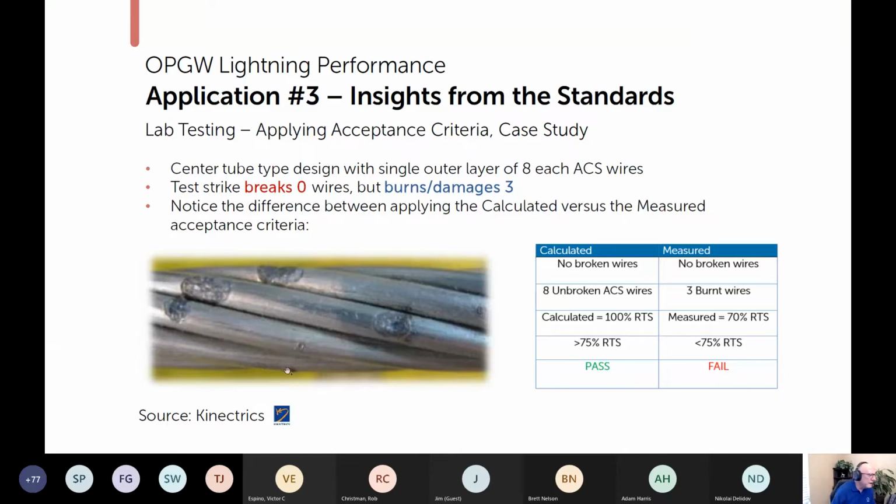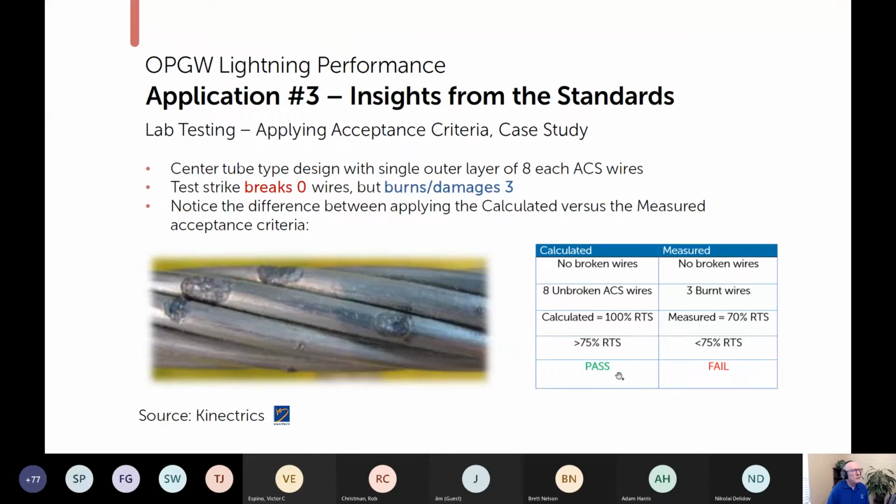And if you look closely, I kind of wonder if there's not some damage down here, but let's take it at face value, 1, 2, 3. So using the calculated acceptance criteria, you have no broken wires, so you have 100% remaining breaking strength, RBS, or rated tensile strength, RTS. So yeah, you met that 75% standard, so that's a clean pass. Woohoo!